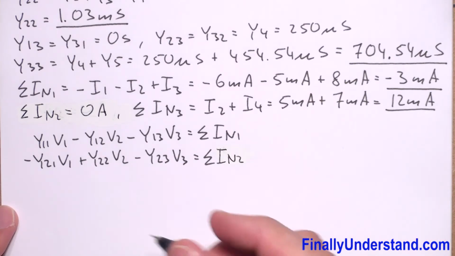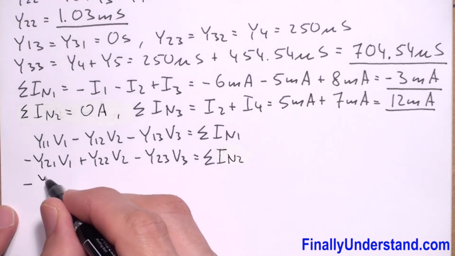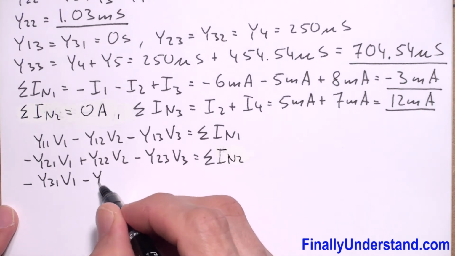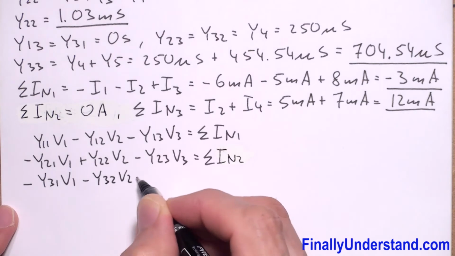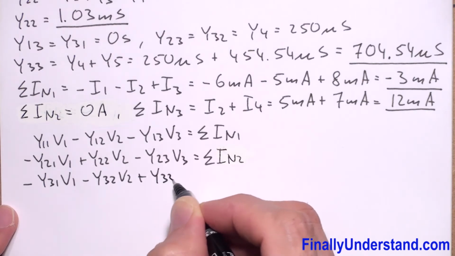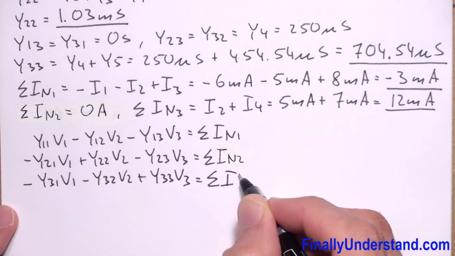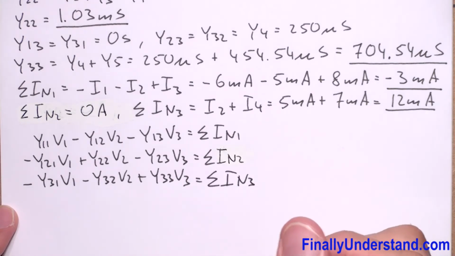Negative Y31 V1 minus Y32 V2 plus Y33 V3 is equal to the sum of the currents going to node 3.